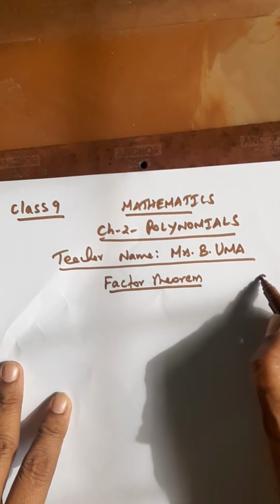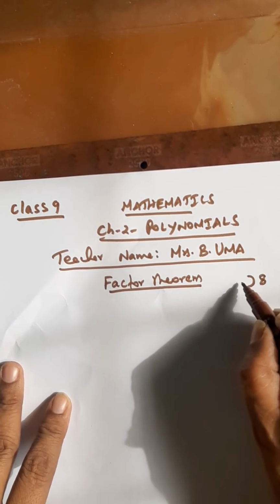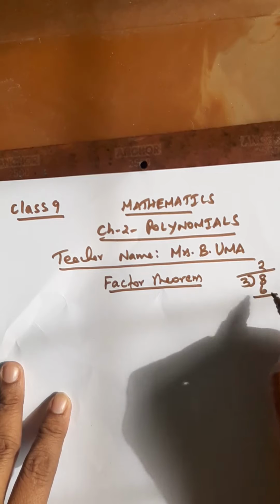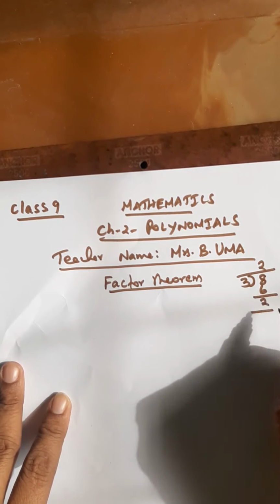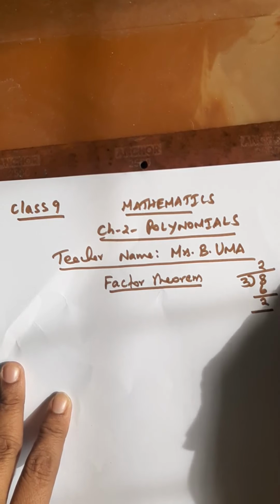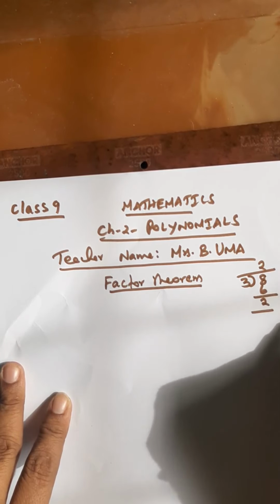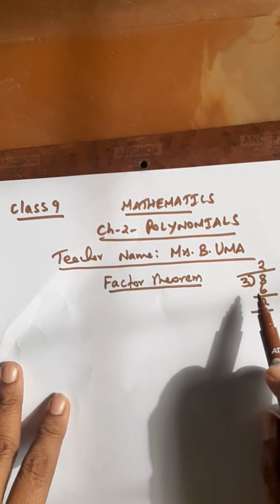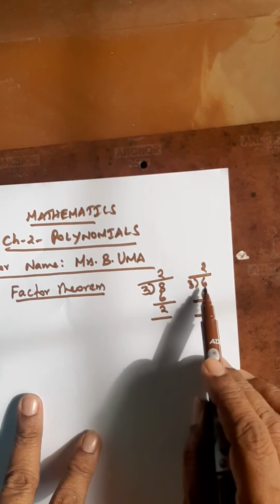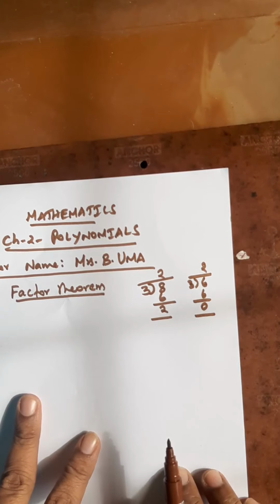These are the two terms which we frequently use in division. For example, take 8 divided by 3. I will get remainder as 2. Suppose 6 divided by 3. I will get remainder as 0. In both cases I divided by 3.